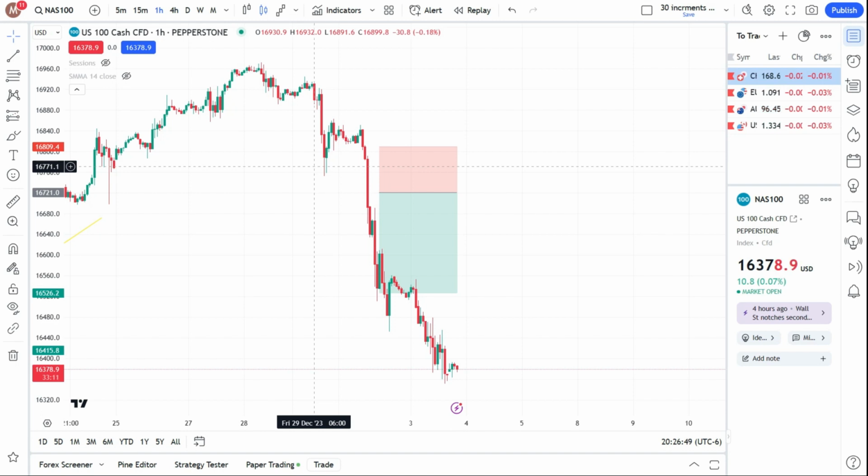So right now, bearish is what? A selling market. And bullish is what? A buying market. And what color is a bearish candle? Red. And what color is a bullish candle? Green.